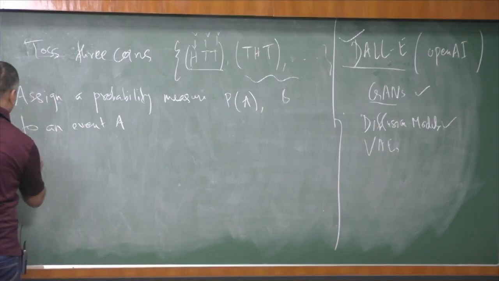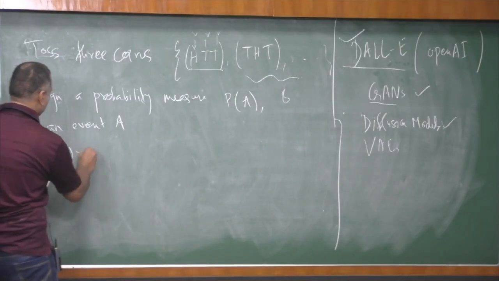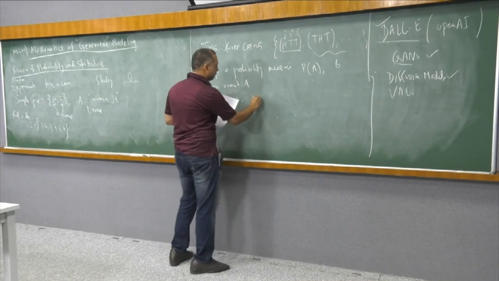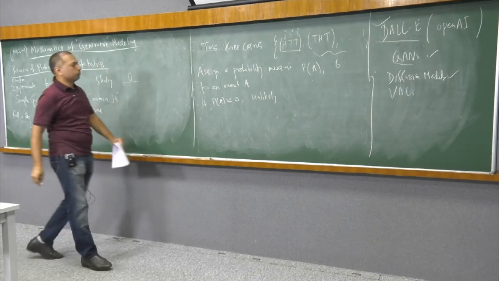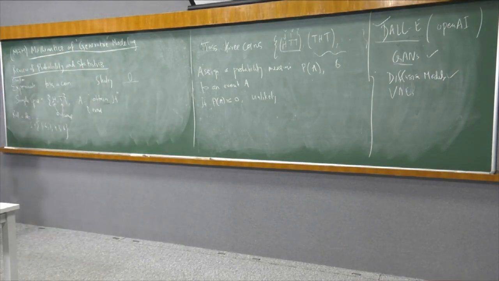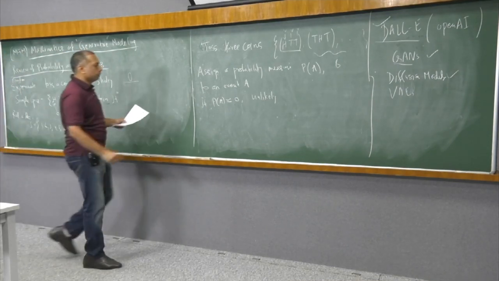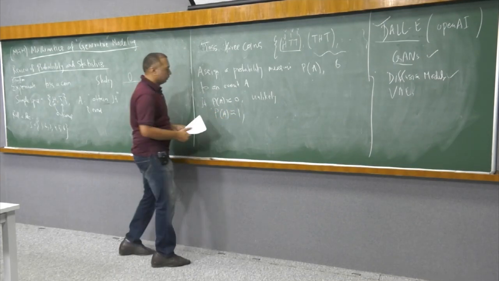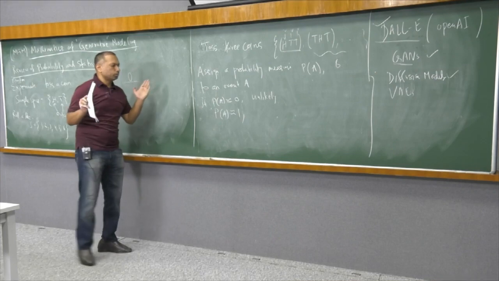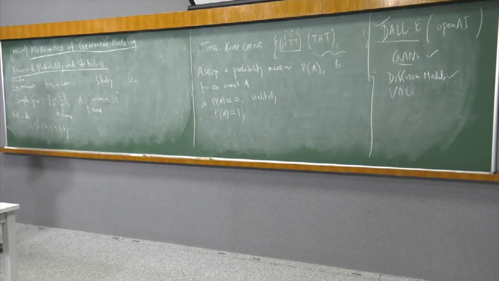If P(A) is close to 0, then it's unlikely. If the P(A) measure is 0, then it's a very unlikely event, and if P(A) is 1, it's the most likely. We scale it between 0 and 1; that's the interval the measure is going to take.